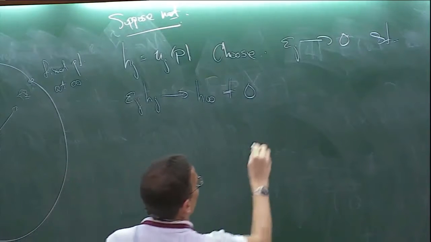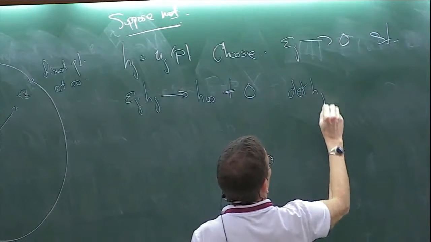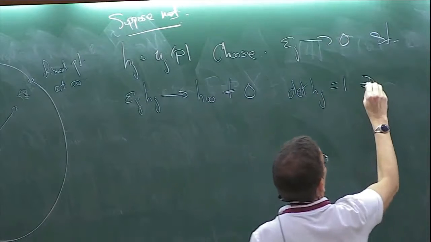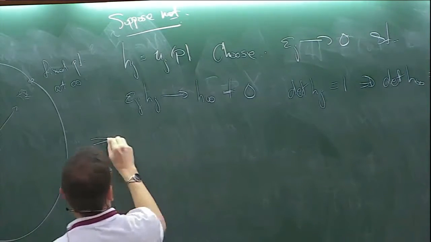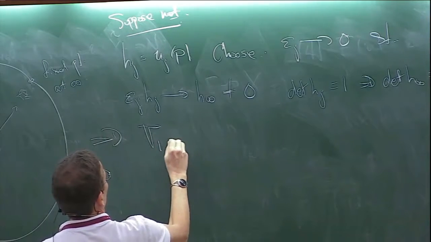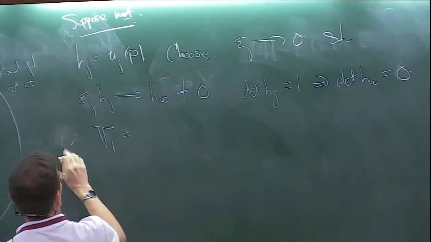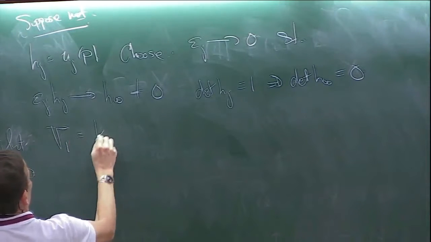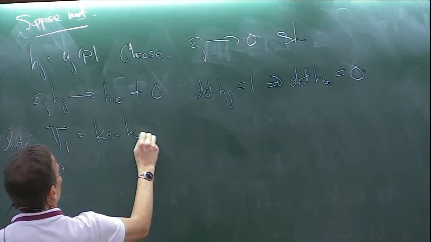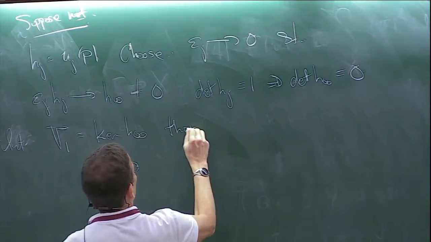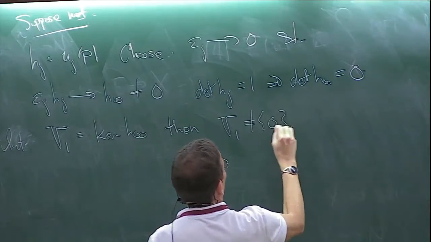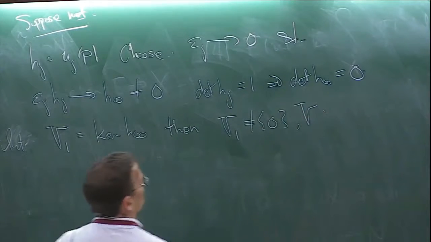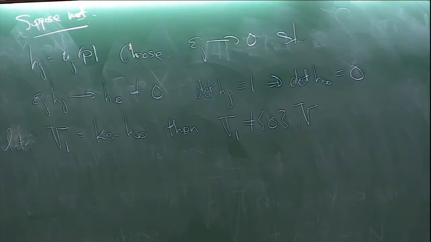And since the determinant of Hj is always fixed to be 1, that implies that the determinant of H infinity is 0. And that implies that there's some non-trivial kernel, which is not 0 and not all of V. I'm using V for Cn now, so sorry.